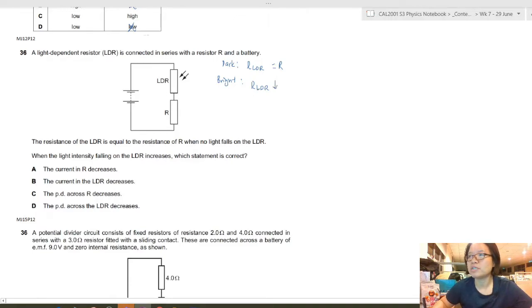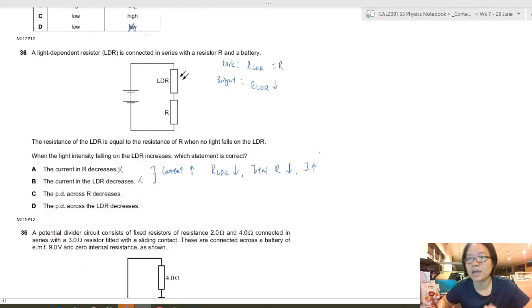So if the resistance of the LDR decreases, does the current in R decrease? No. Does the current in LDR decrease? No. Effectively, the current must increase. Why does current increase? Because the resistance of the LDR decreases, so the total resistance of your circuit also decreases, meaning the total current flowing in the circuit will increase.